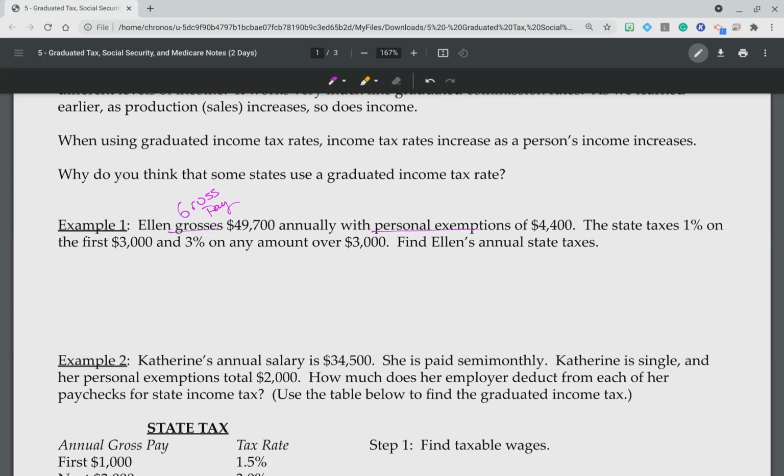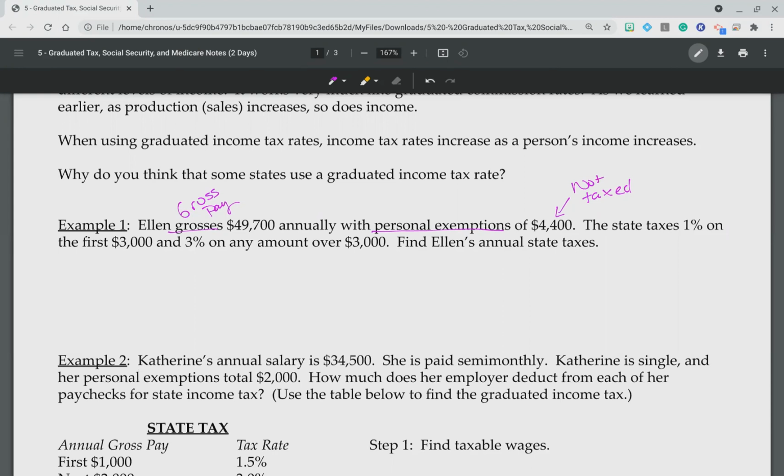So remember, a personal exemption means that's the money that is not taxed. The state taxes 1% on the first $3,000 and 3% on any amount over $3,000. Find Ellen's annual state taxes.